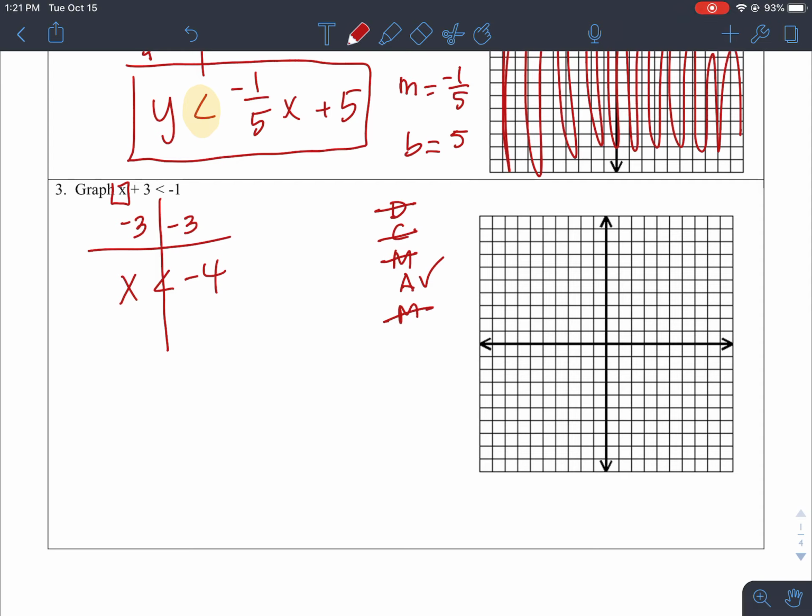So for x is less than negative 4, that's going to be a vertical line at x equals negative 4. Again, this is not equal to, so it's going to be a dashed line, and x is less than, so less than is to the left, because I'm shading all the x values that are less than negative 4, which would be negative 5, negative 6, negative 7, and so on.